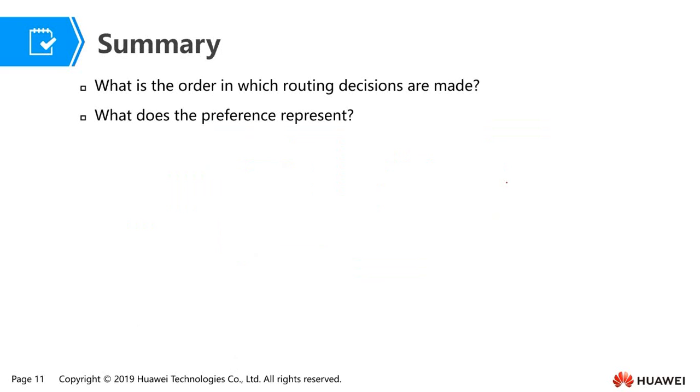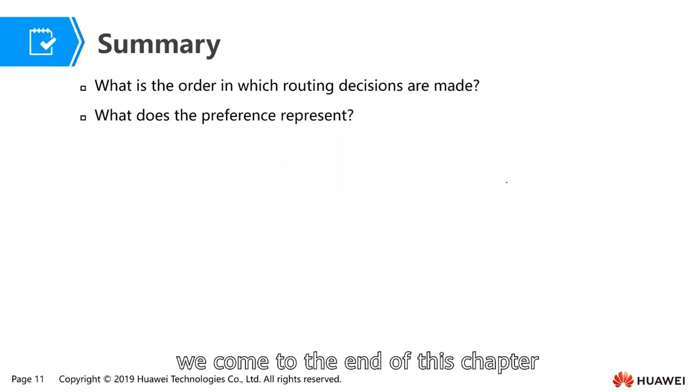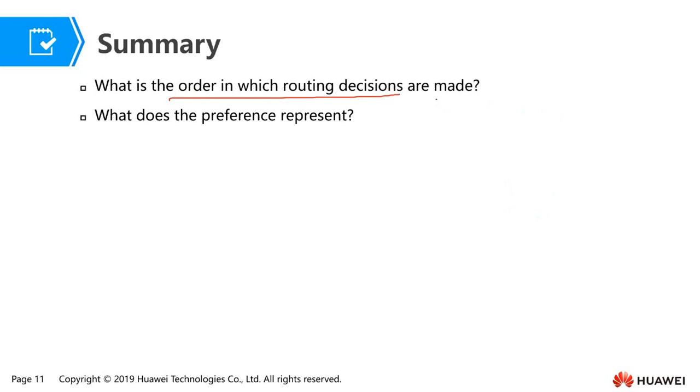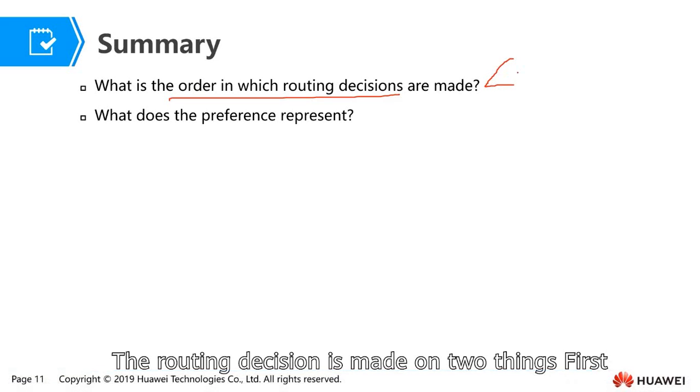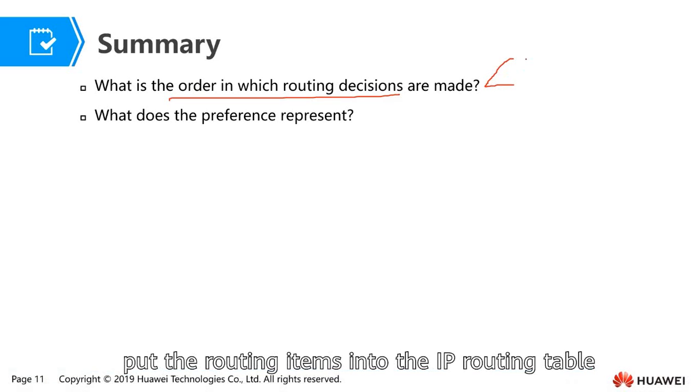Okay, and then we get to the end of this chapter. There are two questions. What is the order in which the routing decision is made? The routing decision refers to two steps. First, put the route items into the IP routing table.